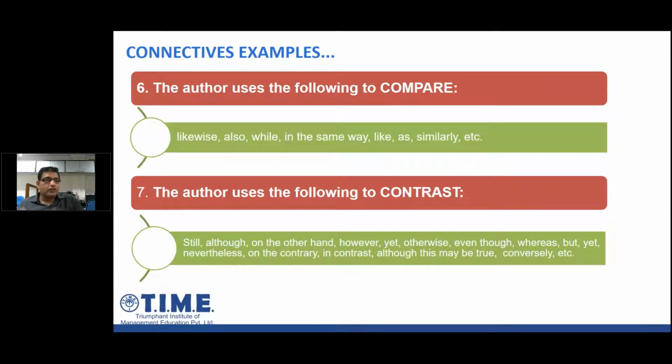And similarly, the author may use ideas that are in contrast to each other, which means he has to use some contrasting words. For example, I may have a sentence S that says, Ram worked very hard for the exam, and P may say, however, he failed. You see, we have double linkers here.